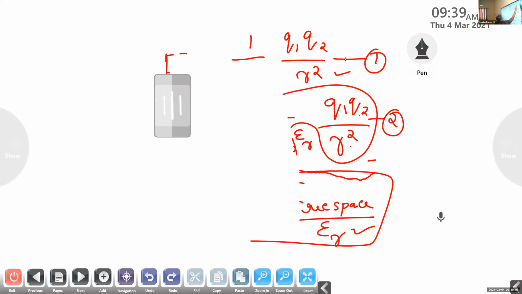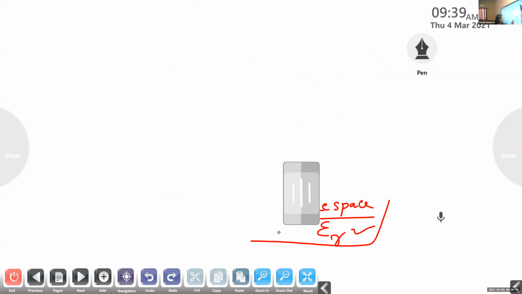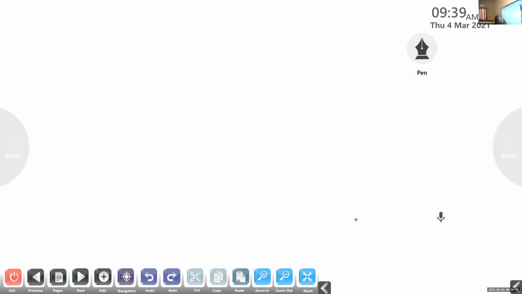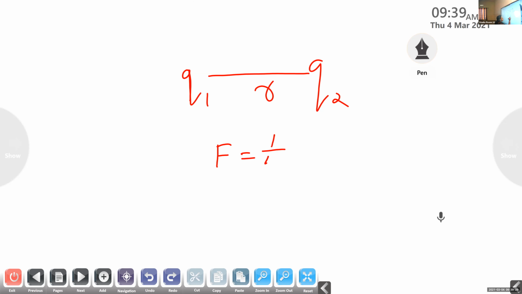Wait one minute. If there are two charges, Q1 and Q2, separated by a distance R, this is the first case. These two charges are present in free space. Then according to Coulomb's law, F is equal to 1 by 4 pi epsilon 0 Q1 Q2 divided by R square, where epsilon 0 is the permittivity of free space.